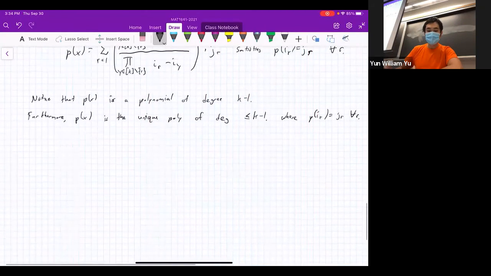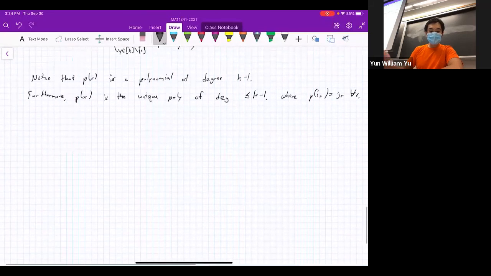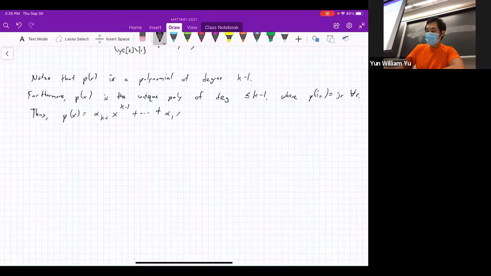Okay, let's skip the proof for that. So thus, we know that P of X is equal to some alpha K minus 1 X to the K minus 1 plus dot dot dot plus alpha 1 X plus alpha 0. So it is determined by K elements of our finite field.